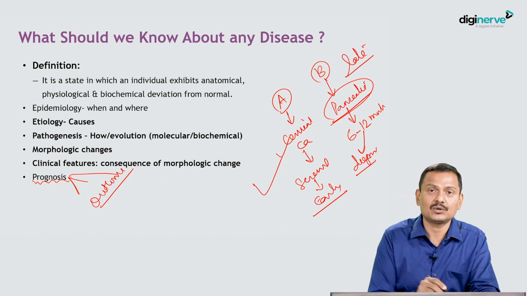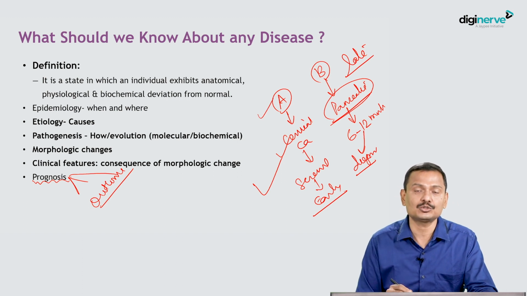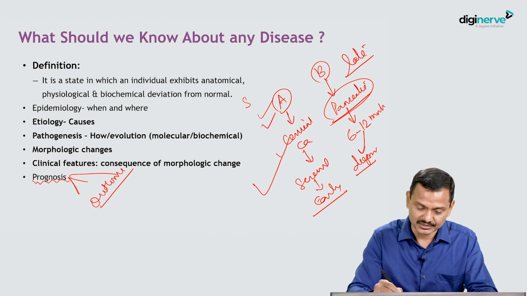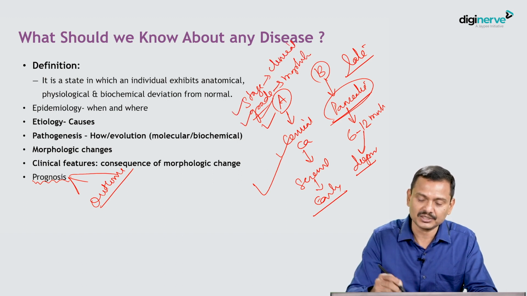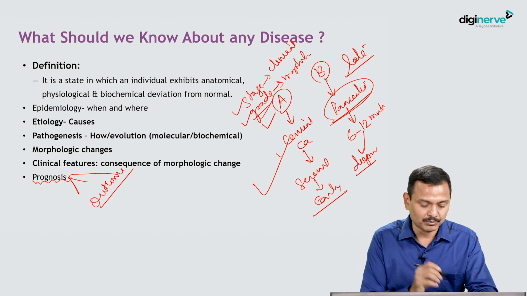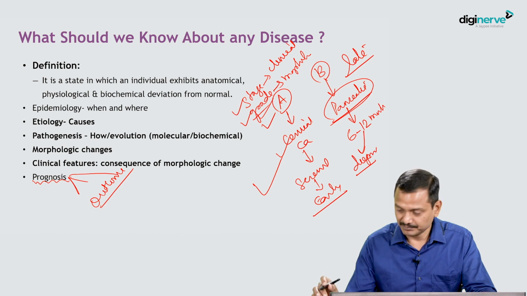So that is how the prognosis is decided, depending on the stage and the grade of the tumor. Grade is about the morphology, whereas stage is about the clinical presentation, and both are important in deciding the prognosis of the patient.